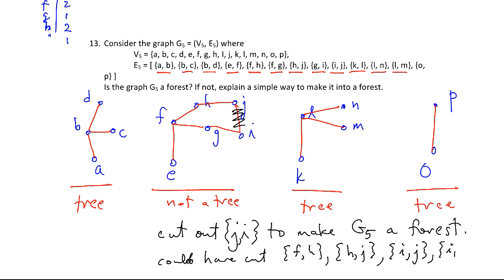I, G and F, G. Okay, I could have cut out any one of those 5 in this cycle up here, and I would have no longer had a cycle, and it would have turned that subgraph into a tree. Okay, hope that helps.